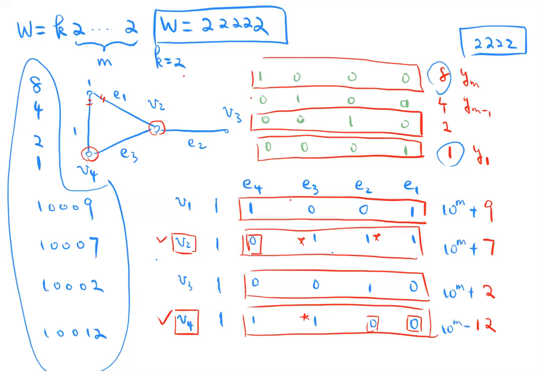Yeah, good question about this K. Actually, this number means K times 10 to the m's power. So that's why I add vertices from Em towards E1.